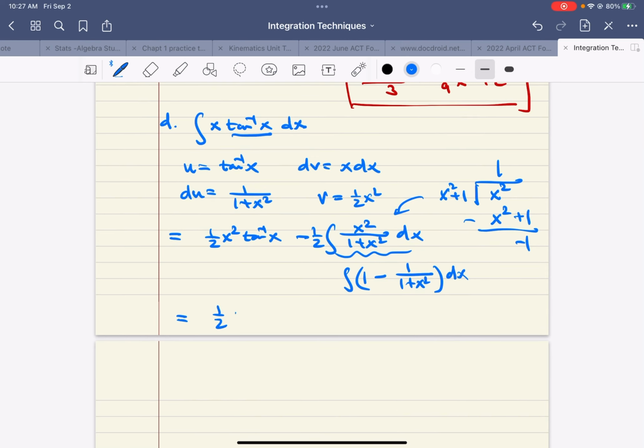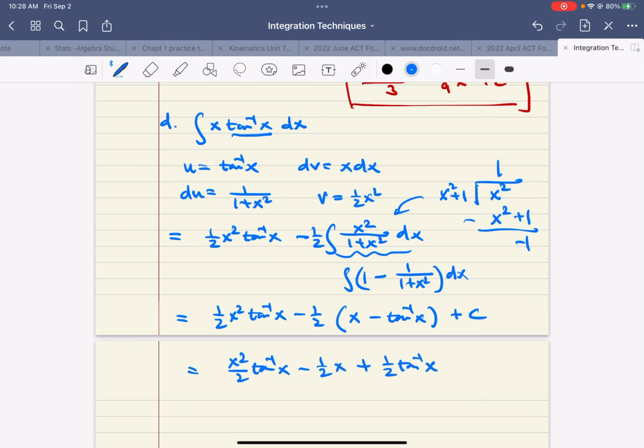Now, so 1/2 x squared inverse tangent x, and then minus 1/2, and the integral of this is x minus inverse tangent x. Okay, make sure you put plus c. So x squared over 2 inverse tangent x minus 1/2 x plus 1/2 inverse tangent x plus c. Okay, so that should be your final answer.